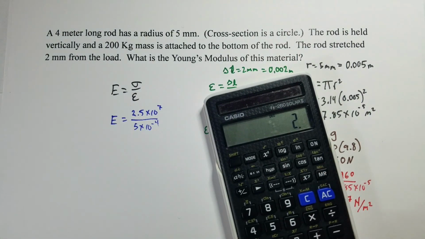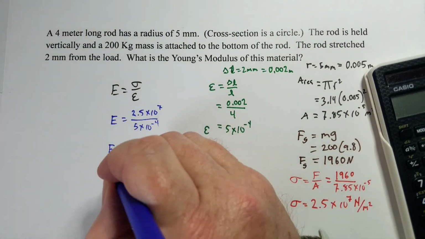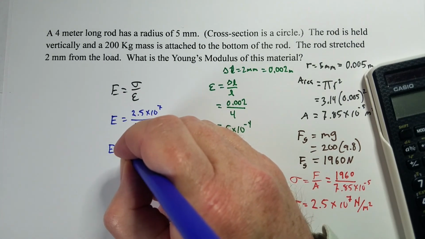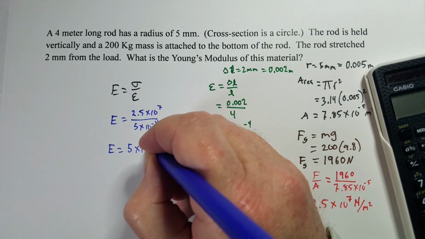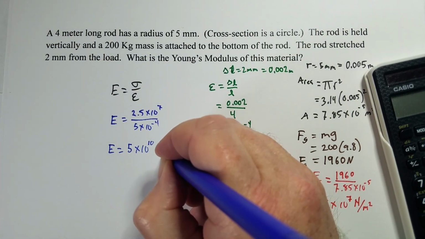So 2.5 times 10 to the 7th divided by 5 times 10 to the negative 4 gives me a modulus of 5 times 10 to the 10th newtons per meter squared.